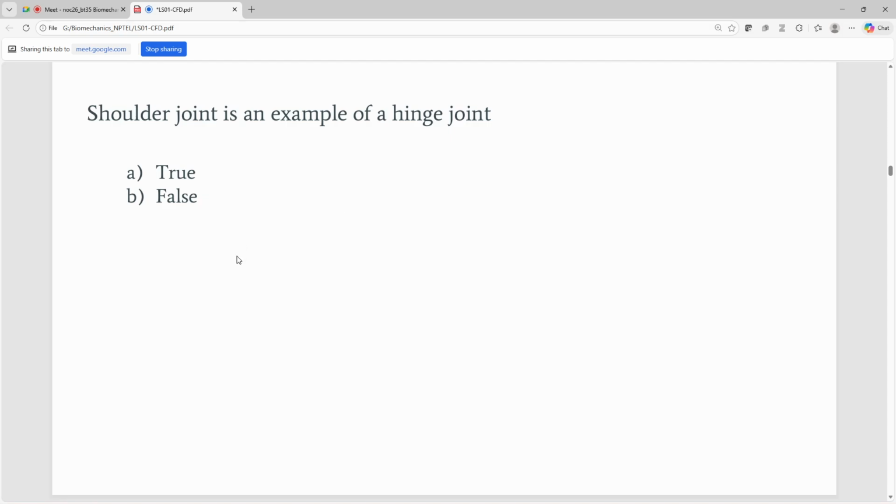Next question. Shoulder joint is an example of hinge joint. Options are option A, true, option B, false.